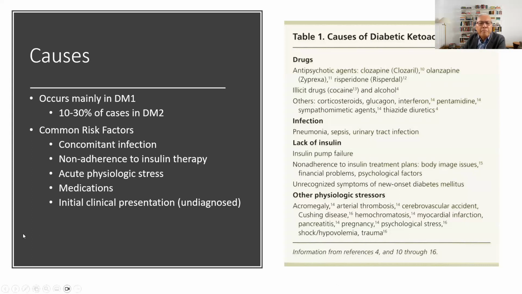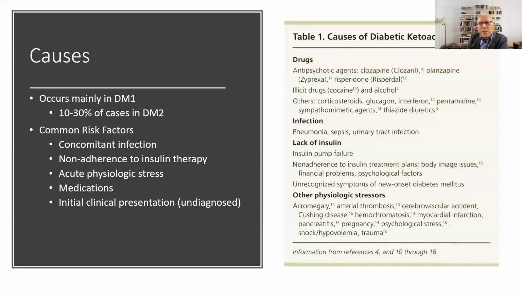DKA can occur in patients with diabetes mellitus, most frequently associated with relative insulin deficiency. So diabetic ketoacidosis therefore occurs more frequently with type 1 diabetes, although we must say that approximately 10% of cases occur in patients with type 2 diabetes.